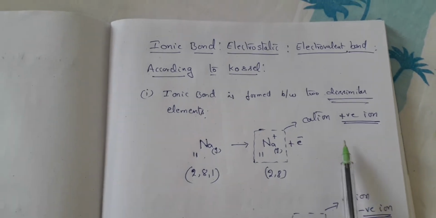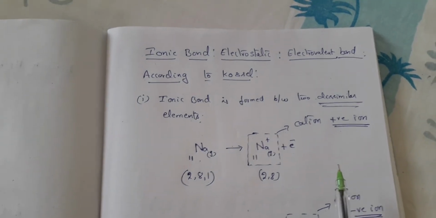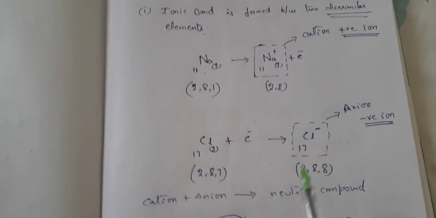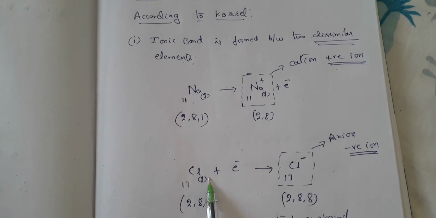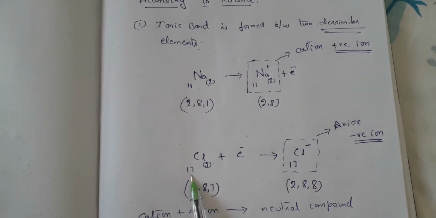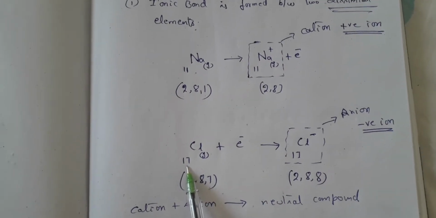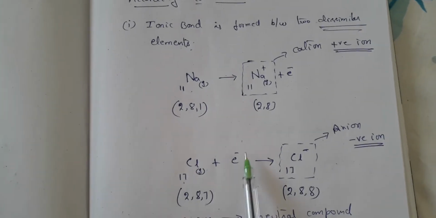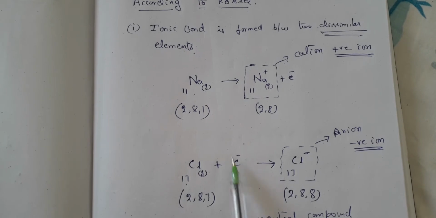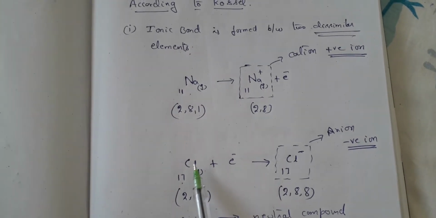Now let us see how an anion is formed. Let us take chlorine, which is from the halogen group. Its atomic number is 17. It has 17 protons and 17 electrons in its neutral state. Now we are adding one more electron to the neutral atom of chlorine.